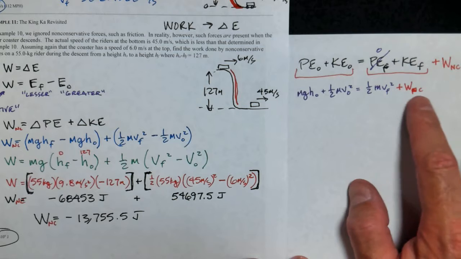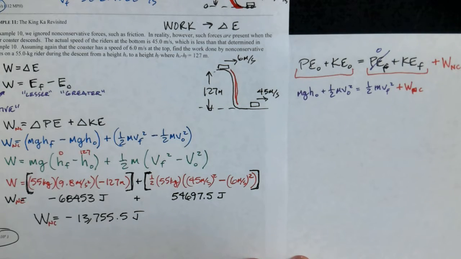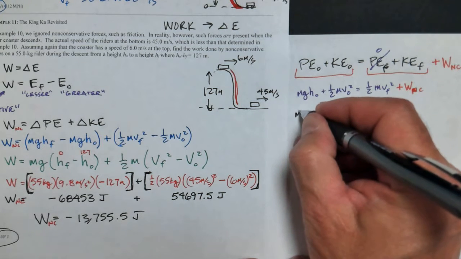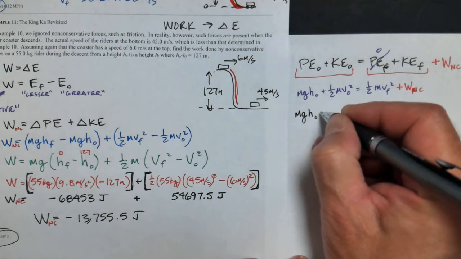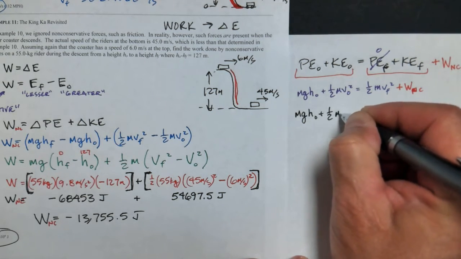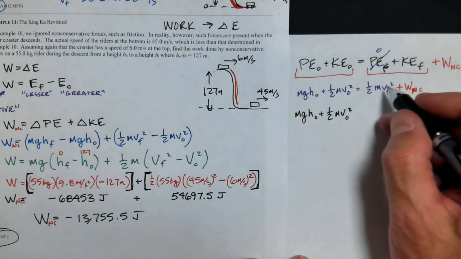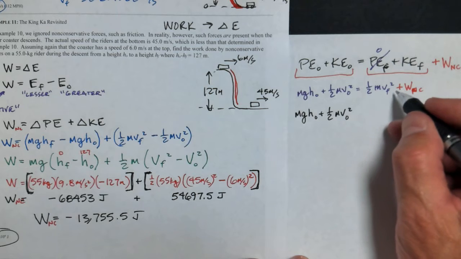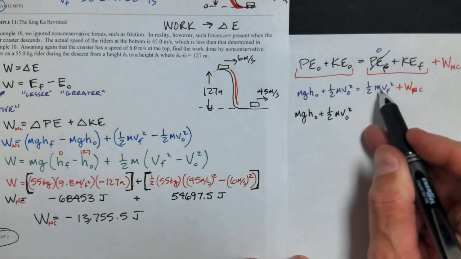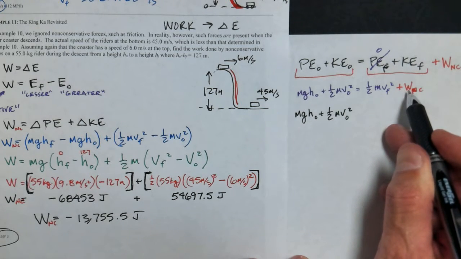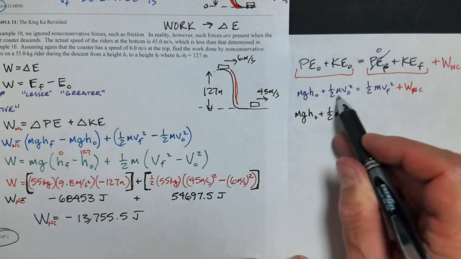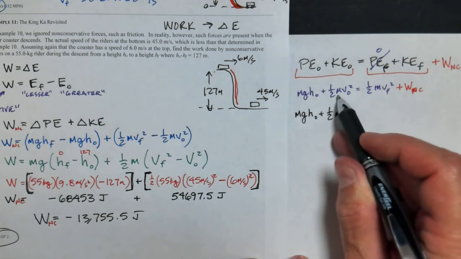Now another way to look at it in terms of this bucket idea is that if we start out with mgh naught plus 1/2 mv naught squared, we know that this speed over here is less. Well, why is it less? Well, look, if this bucket is being filled over here, that was energy that was taken away from this total over here.